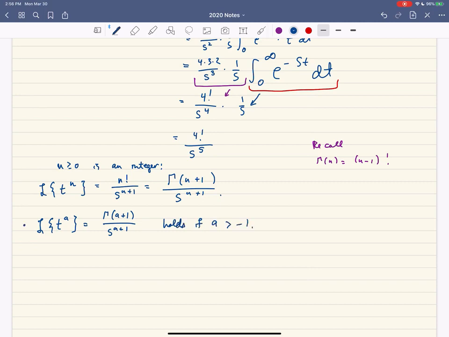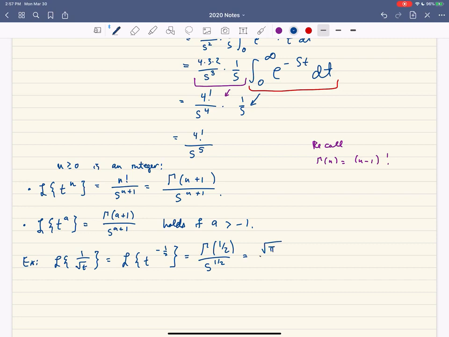So for example, if we were to look at the Laplace transform of 1 over square root of t, that's the Laplace transform of t to the negative 1/2. And that's going to turn out to be the gamma function of 1/2 over s to the 1/2. And gamma of 1/2 is square root of pi.